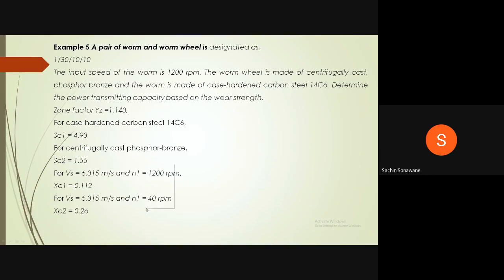Here 2 is there. This is N2. Therefore, write down the problem.